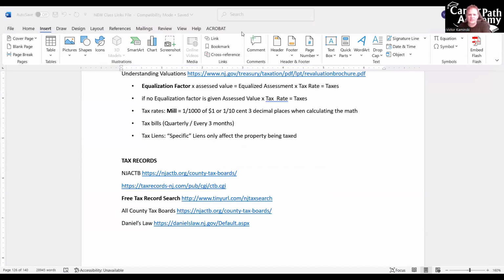There you go. Here are those links for the tax records. The tax board is the first one. The tax record search that I gave you for Monmouth County, and then you can click on that other link within that web page. And here's all the counties' tax boards, and here's the link to Daniel's Law, if you wanted to go to that website.